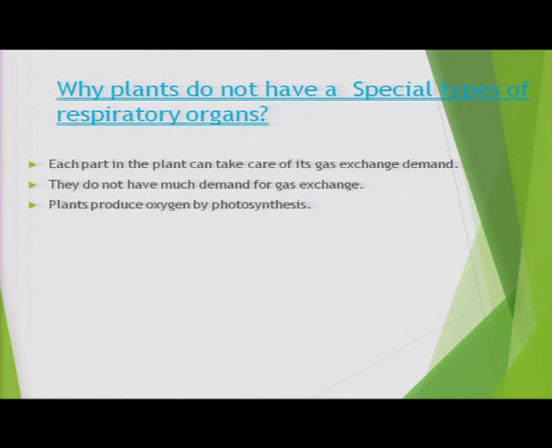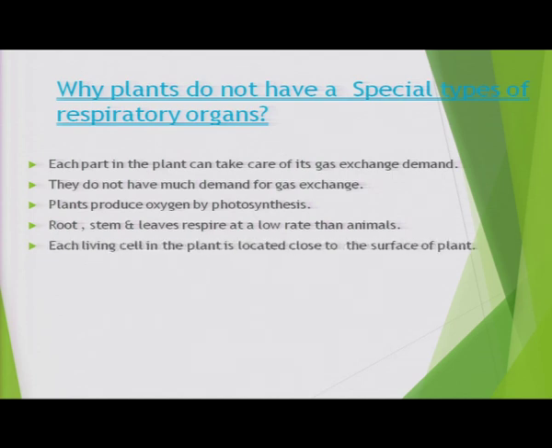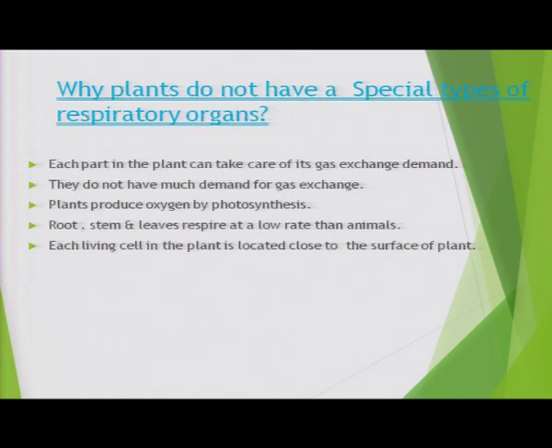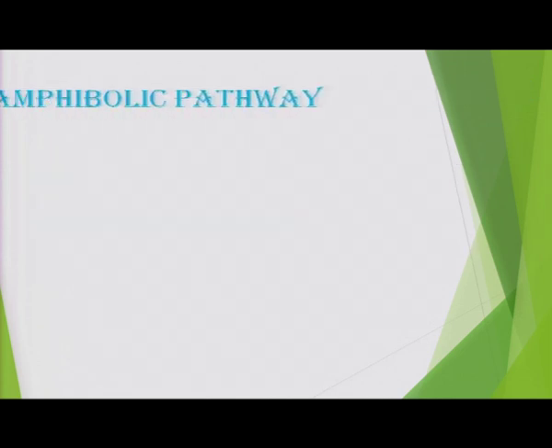Plants produce oxygen by photosynthesis. Next, root, stem and leaf respire at a low rate in comparison to animals. Each living cell in the plant is located close to the surface of the plant. So, plants do not have a special type of respiratory organ in comparison to animal cells.